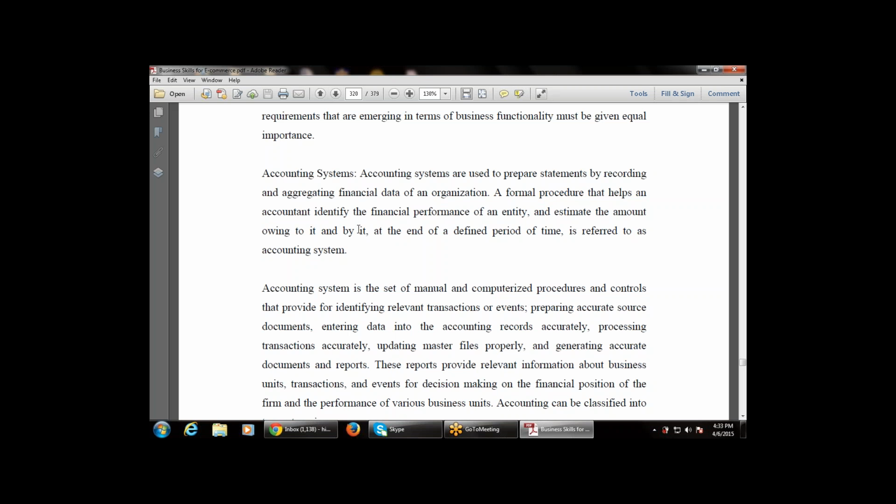At the end of the defined period of time, that is a financial year, the accounts are calculated. Generally, the financial year ends on the 31st of December or 31st of March, depending on the organization.